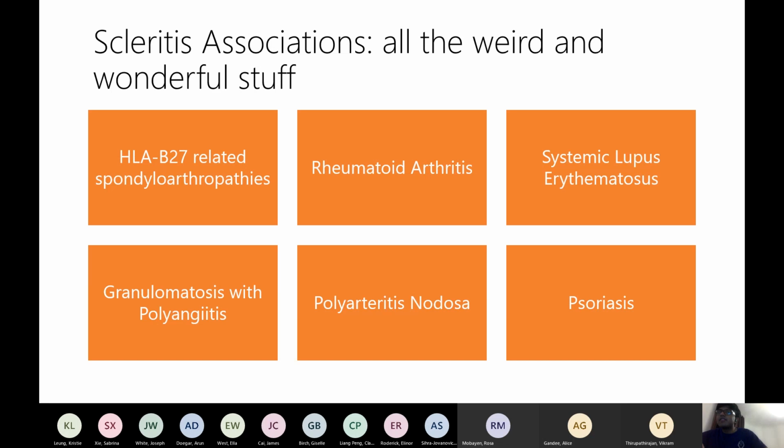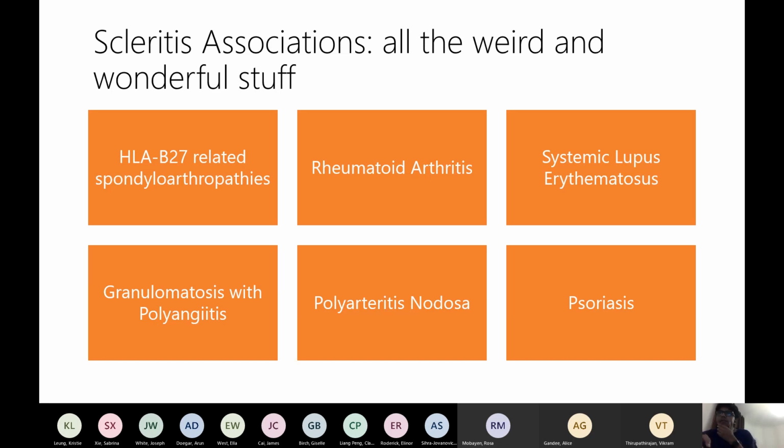RA, lupus, granulomatosis with polyangiitis, basically vasculitis, but rheumatoid is like the big cause of it. So a strange phenomenon you can get with rheumatoid especially is a painless scleritis which perforates the sclera, and that's called scleromalacia perforans. I'll put it in the chat. If you want to be kind of disgusted, you can Google it.